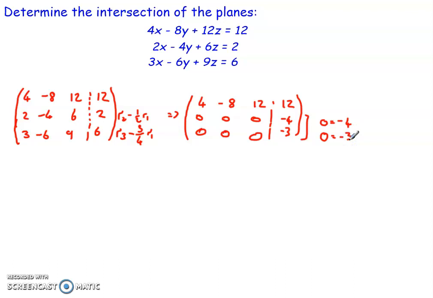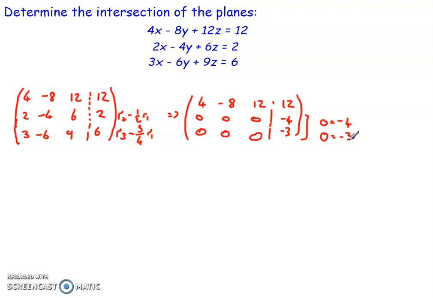So in this one, there is no line equation or point that will satisfy all three planes or even a pair of the planes. There is no line of intersection between two planes or three planes. There's no point of intersection of all three planes here.